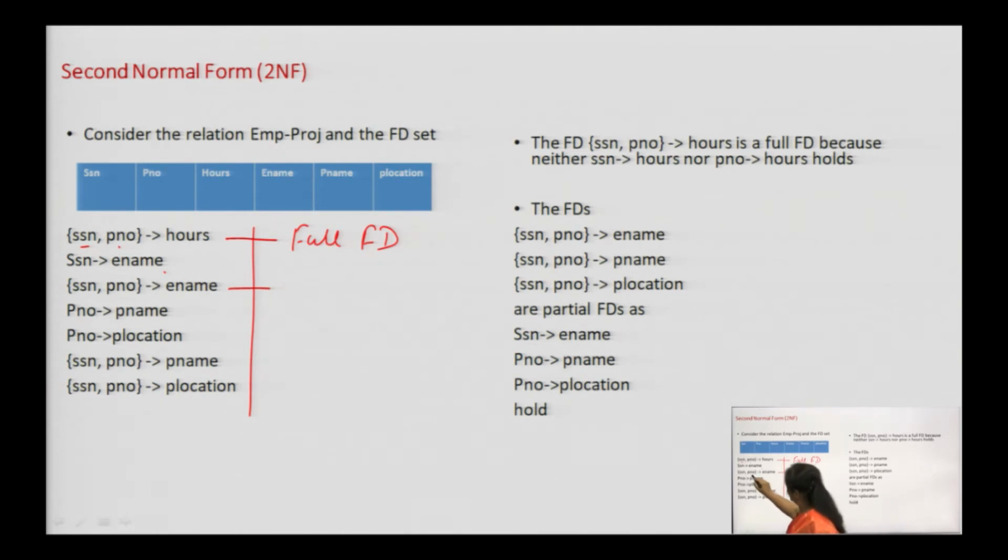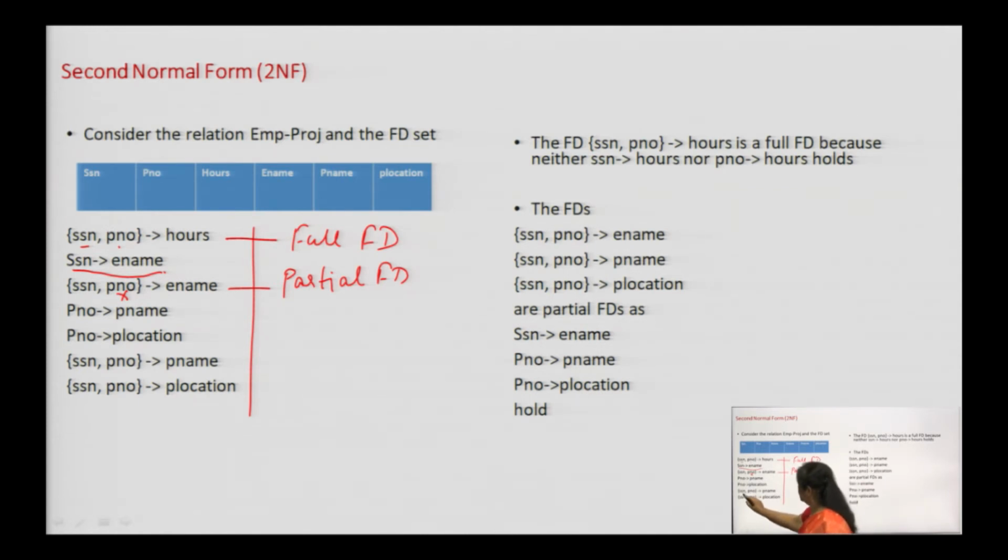Now, let's look at this over here. If I remove PNO from here, I am left with SSN determines ename. I already have the functional dependency SSN determines ename. So, that means even if we remove the attribute PNO, SSN determines ename still exists, and hence this is a partial functional dependency.